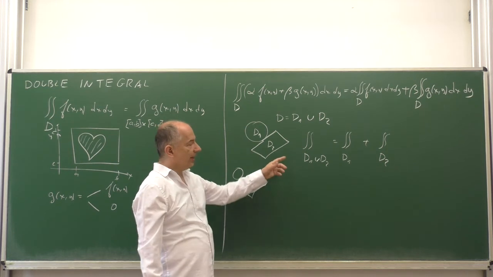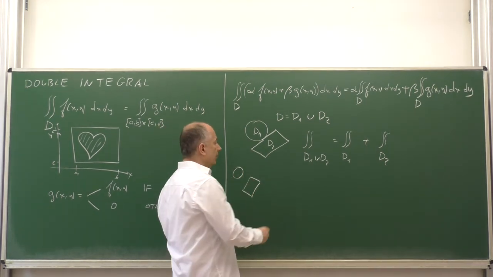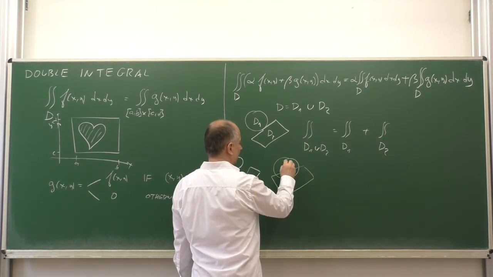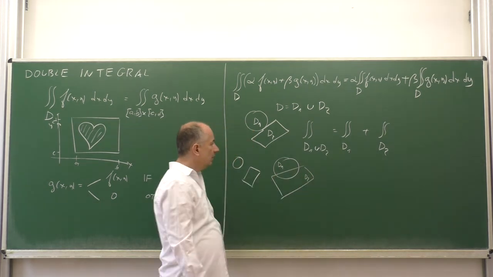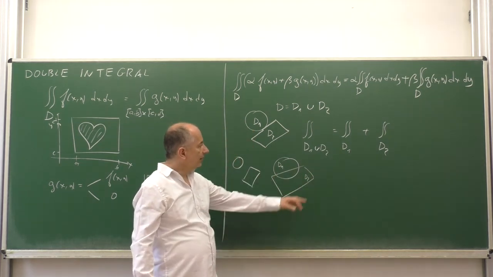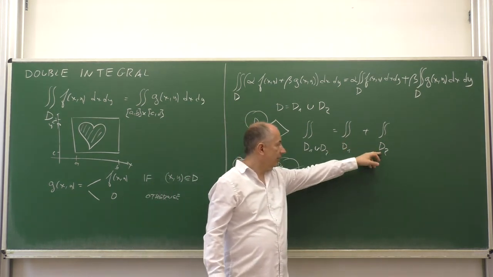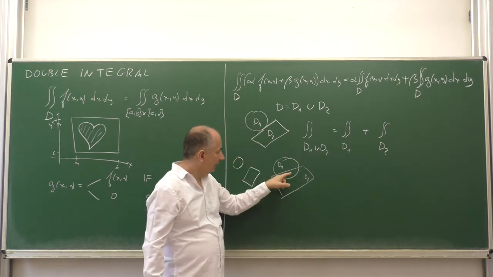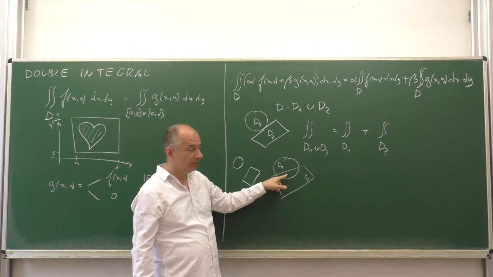This is important, that the intersection is not fat, because if you consider these two sets, D1, D2, then adding the integral over D1 and the integral over D2, in the right hand side this contribution would be there twice.